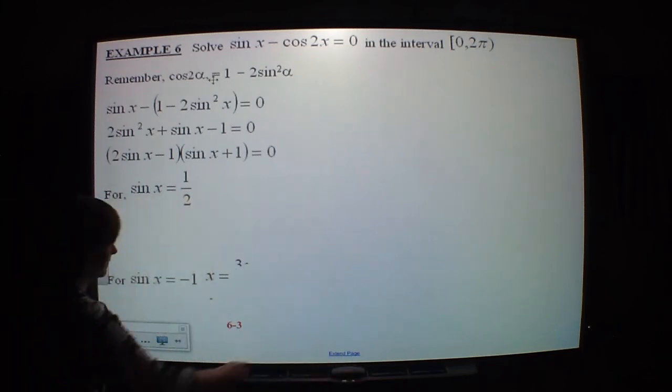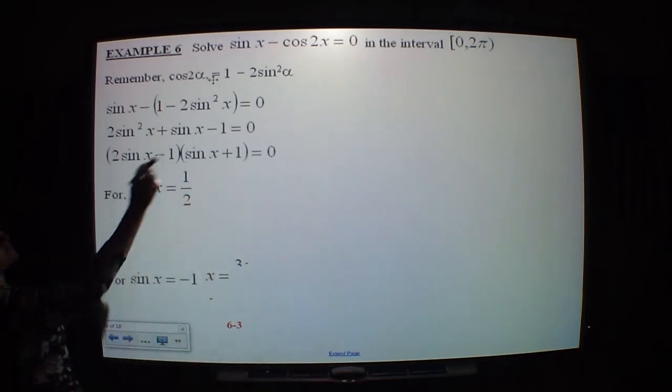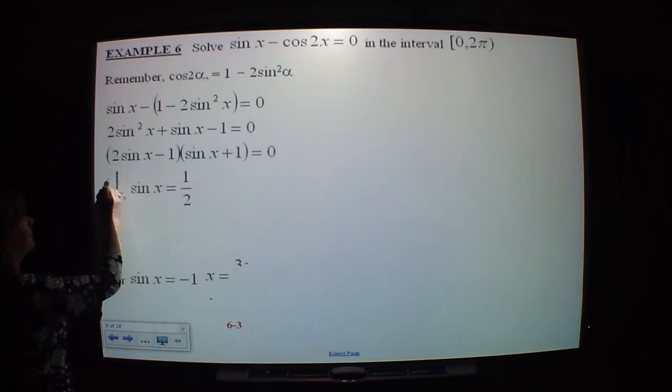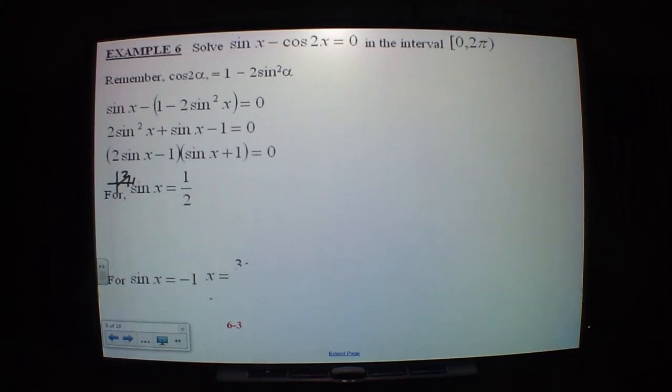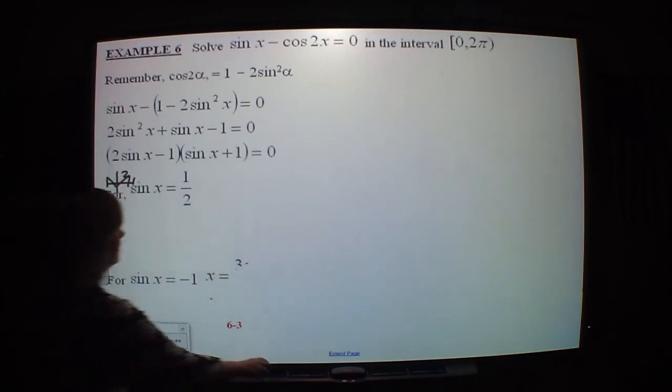And to solve that, I'm solving it from 0 to 2 pi. Sine of x is 1/2. I hope you know that's a 30-degree angle. And I could be in the first quadrant, or I could be in the second quadrant with a reference angle of 30 degrees. So that's 30 degrees or 150 degrees.